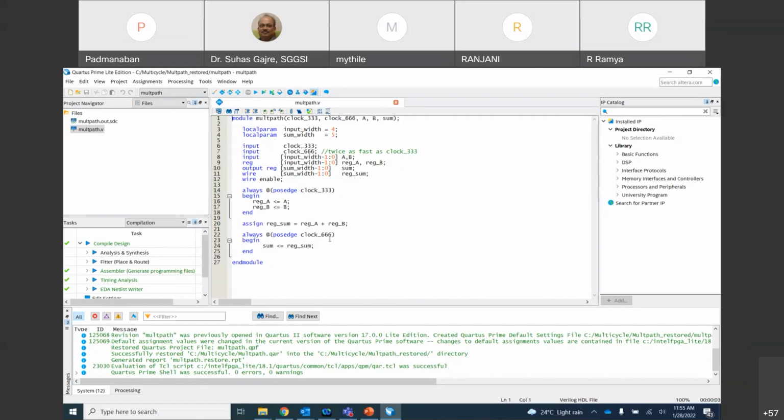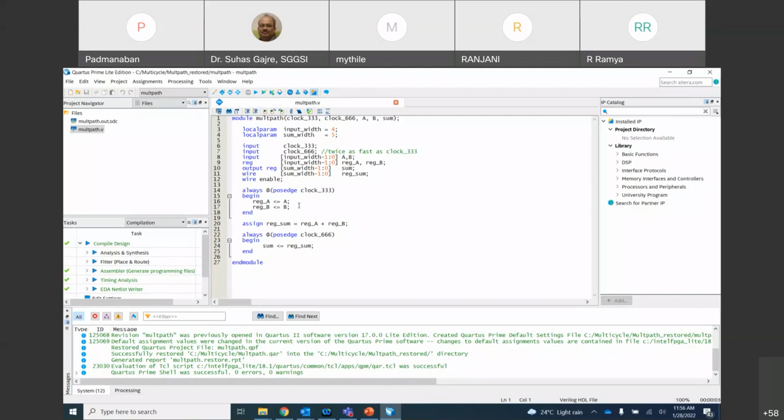But then what you could see here is the data that is transferred from 333 has to be captured in the 666 megahertz clock, like the 50 and 100 megahertz clock which I showed you earlier. It is exactly the same case here. But what is the problem when we are expecting this to work in 1 clock period?